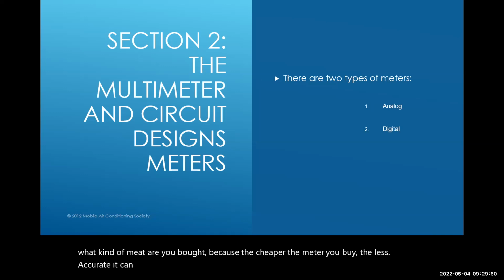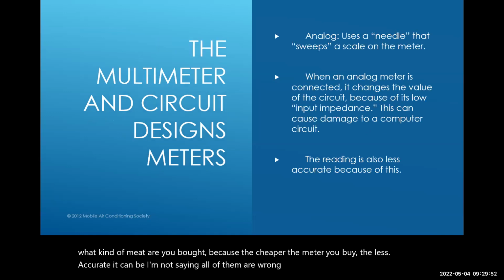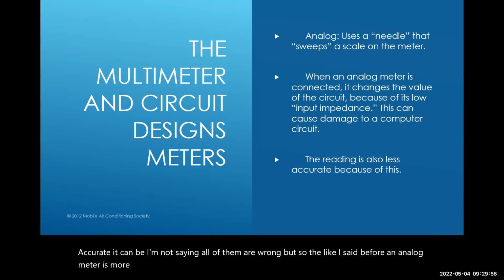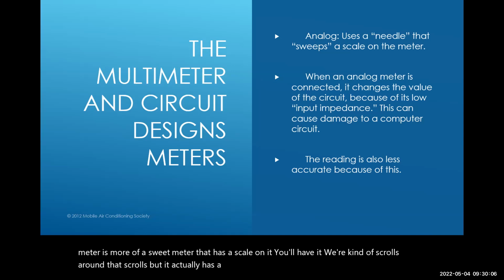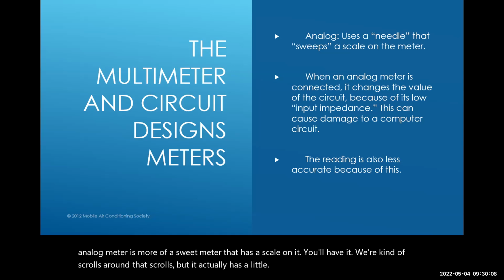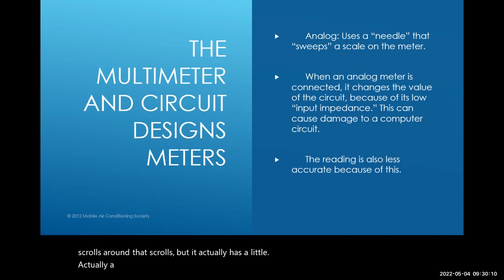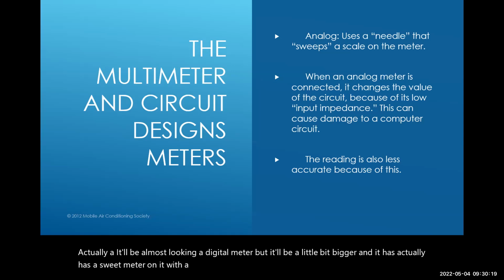I'm not saying all of them are wrong, but like I said before, an analog meter is more of a sweep meter that has a scale on it. It'll almost look like a digital meter, but a little bit bigger, and it has a sweep needle with a scale to it.